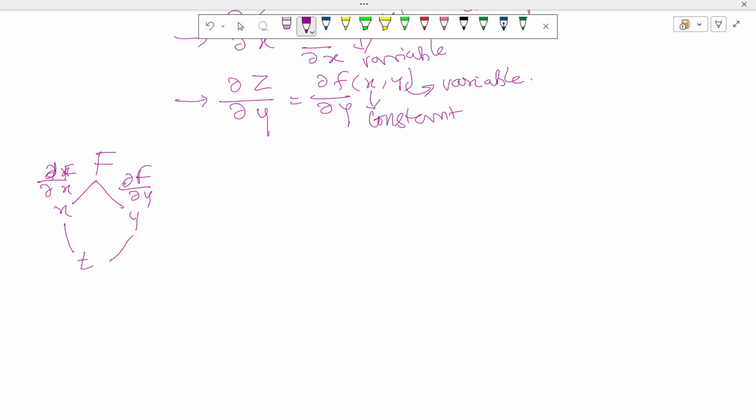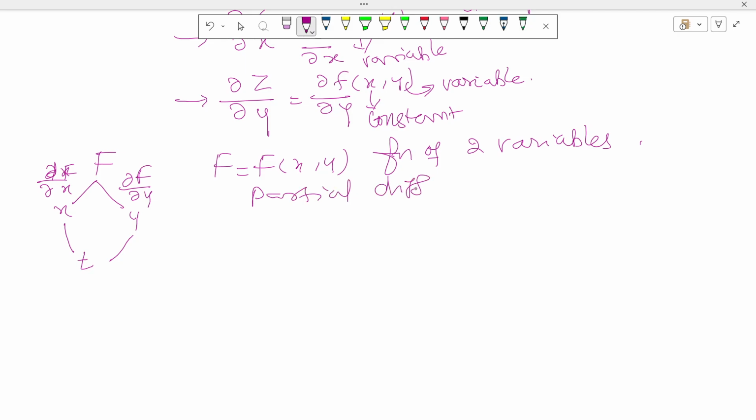There are two possibilities from f, because f is a function of two variables. When it is a function of two variables, then partial differentiation is possible. If only one variable is there, partial differentiation is not possible, then you have to do only ordinary differentiation.